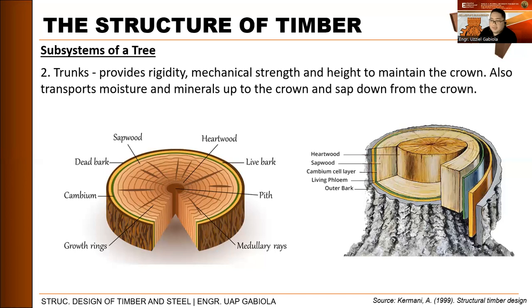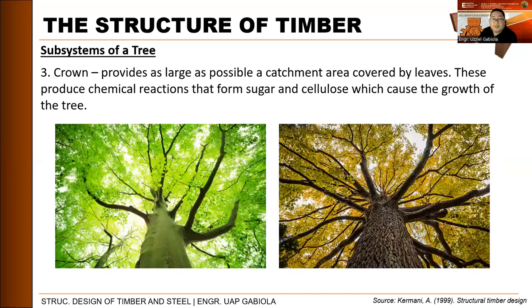Okay? Then, last of our subsystem is tinatawag nating crown. Okay? So, crown provides as large as possible a catchment area covered by the leaves. So, this produce chemical reaction that form sugar and cellulose which cause the growth of the tree. Okay? So, yung crown it serves as the collector, no? Na nagproduce ng sugar for the tree to grow, no?